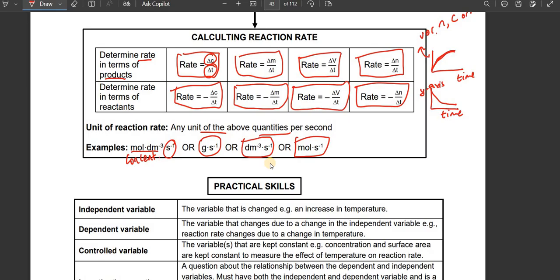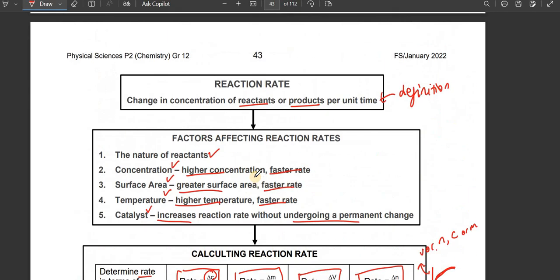Right. Now, what is your independent variable? Your independent variable is going to be the factor that is changed. That means your independent variable could be any of these. All of these are your independent variables.